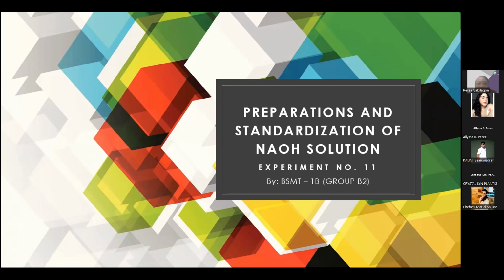Nagsabi ba ako na parehas kayo ng report? Ano sabi ko sa experiment number 10? Hindi kasi tayo nagdo-double report. Kasi kung magre-report na ang group 3 ng experiment number 12, bakit magre-report din yung group 4 ng experiment number 12?